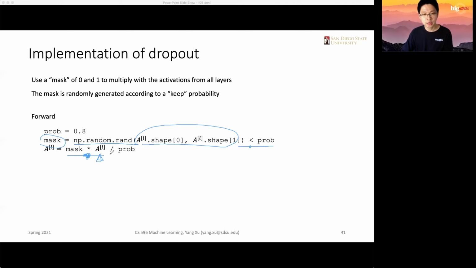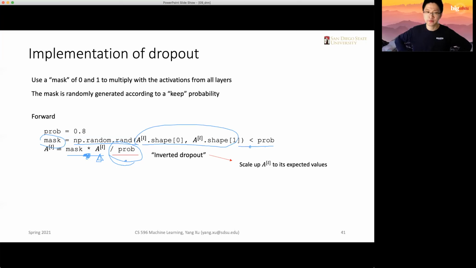There is a divided by prob step, and this step is quite interesting. After we have dropped some units, the total magnitude of the activation should drop because we removed some of the elements.